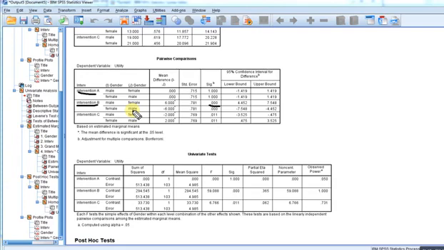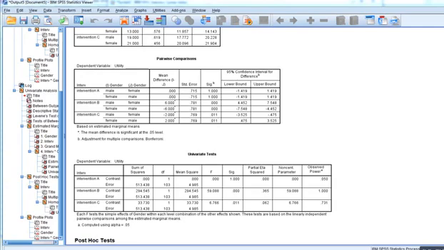Then when I look at intervention C, males versus females, you can see that the sign is actually reversed and it's negative now, meaning that females would have scored higher than males. And the p-value right here is 0.011, indicating that there is a significant difference between males and females in that particular intervention group.